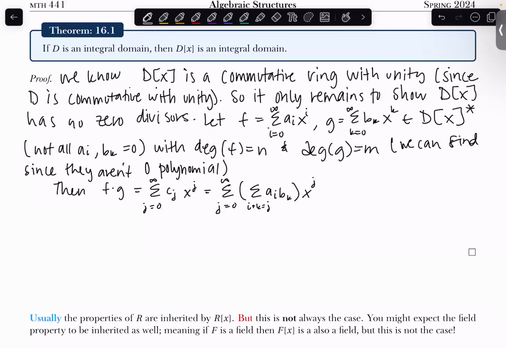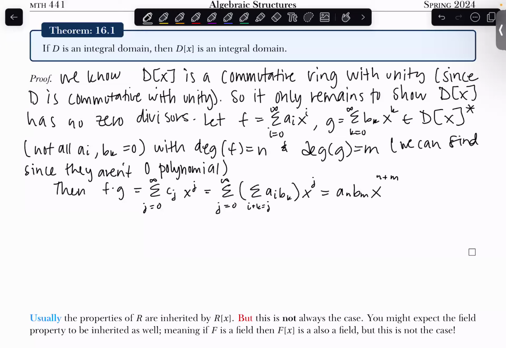And there's going to be exactly one way that I'll get that power. It's only going to be when I multiply my leading coefficients here. Okay, so when we do this, we'll get back a sub n, b sub m, x to the n plus m. Okay, that's the very first term that I get. That's the highest power that could show up.